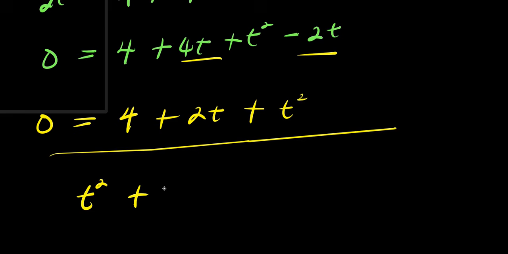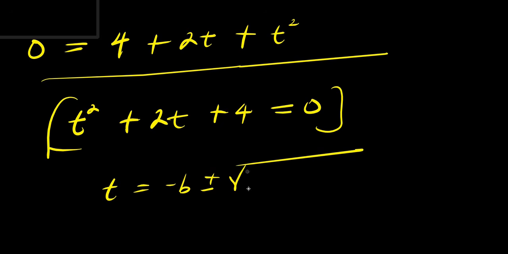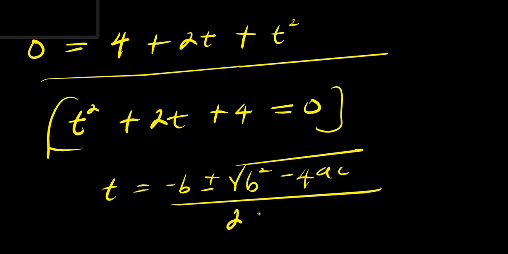I have t^2 plus 2t plus 4 equals 0. So this becomes a quadratic equation that we are going to solve for the other values of t. So let's write the formula: t equals negative b plus or minus square root of b^2 minus 4ac, divided by 2a. So this is 1, that is my a, this is b, this is c.